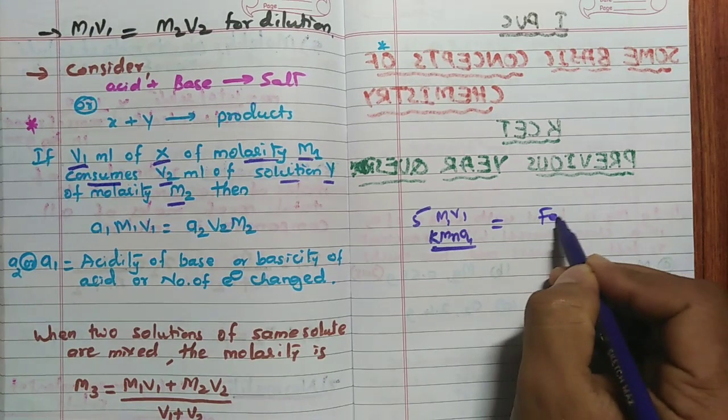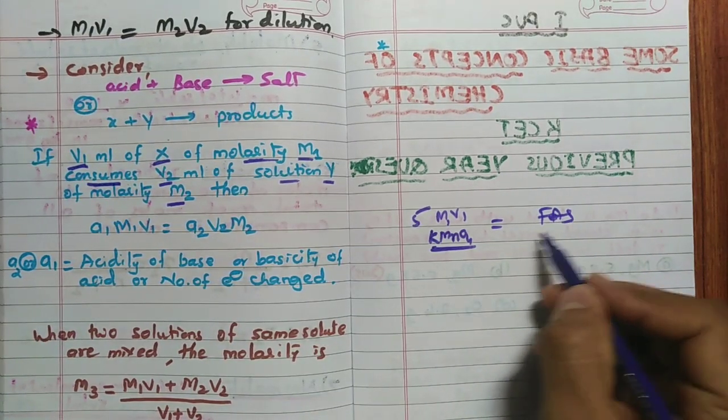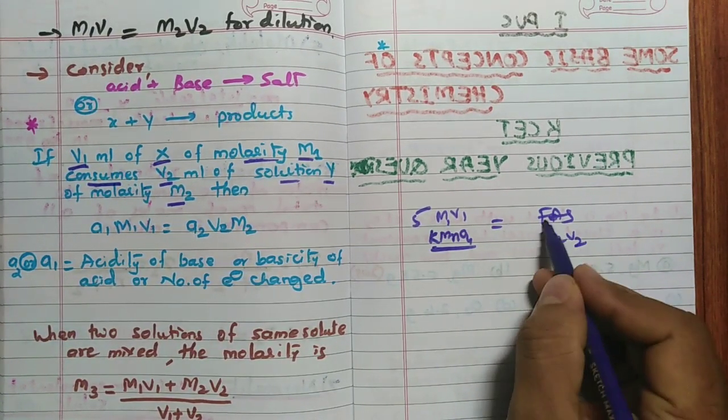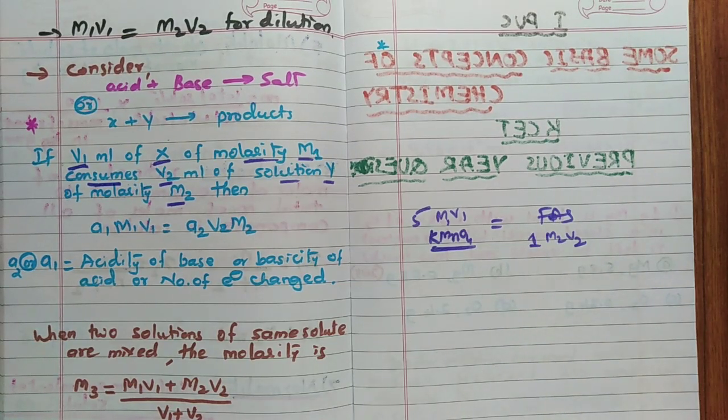And for FAS, M2 V2, you have considered 1.